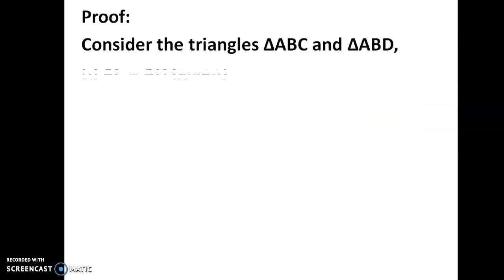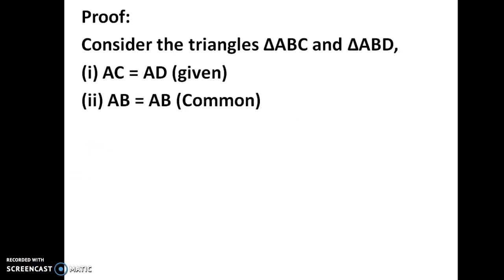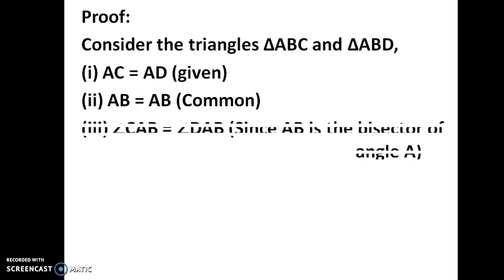Proof. Consider the two triangles. AC equal to AD, that is given in the question. Then AB equal to AB. Why? Because that's a common side. If you see, AB is a line segment which is between the two triangles, so that's common.